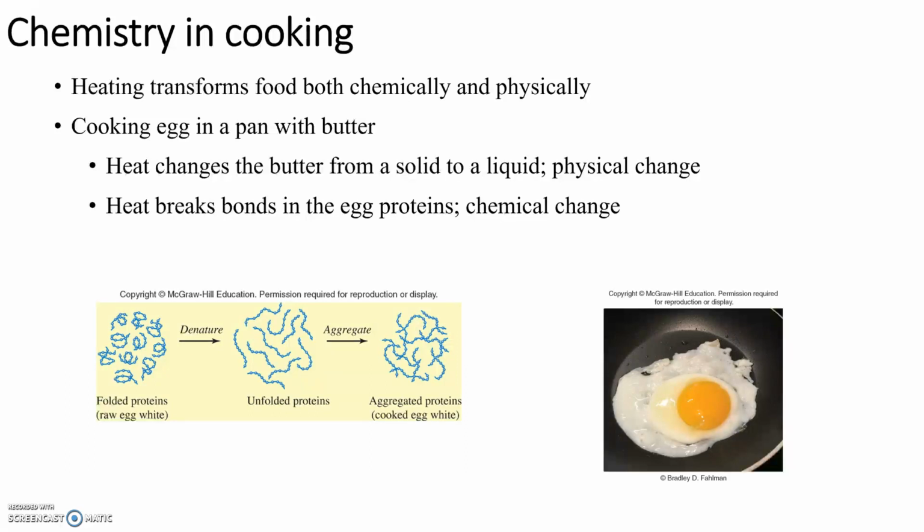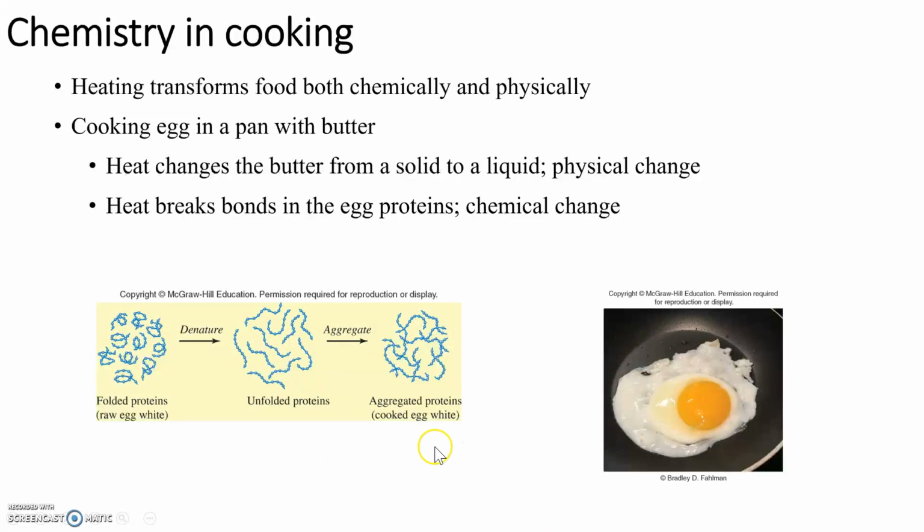When you actually cook that egg, chemical reactions are happening. So what happens is you put that raw egg into a pan. Bonds within that egg, this is showing some reactions that might be happening with the egg whites. So bonds are breaking, resulting in changes in the molecules that exist in that egg.